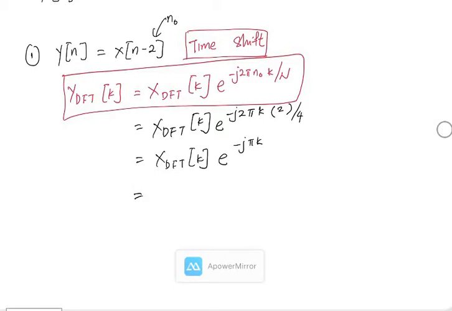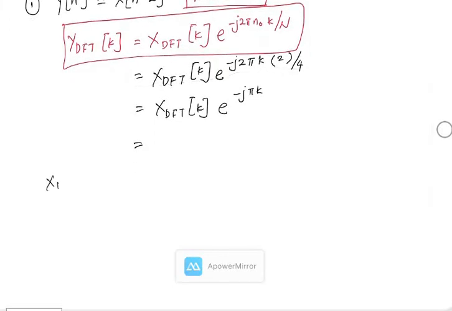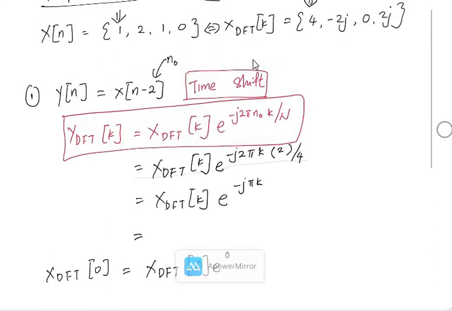So now we can solve it one by one. k starts from 0 to 3 because we have N equal to 4. Following this formula, for k equal to 0 we have exponent 0. So now we have Y[0], Y[1], Y[2], Y[3]. Y[0] is equal to 4.